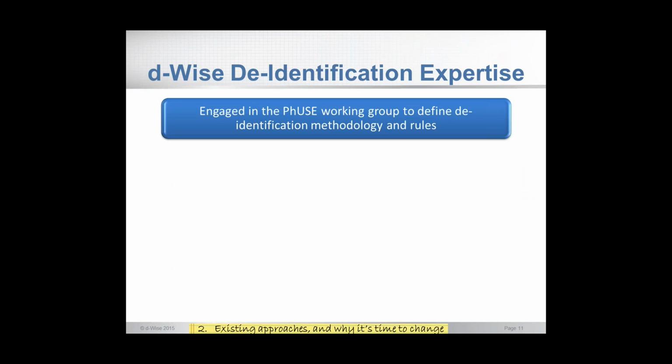For anybody not familiar with FUSE, that's the Pharmaceutical Users of Software Exchange. It's another consortium of industry technical users that solve or attempt to solve a series of industry-wide, usually data-driven problems. That group published its own findings and set of rules and recommendations also in the spring of 2015. DWISE has been engaged with that group as part of that committee.